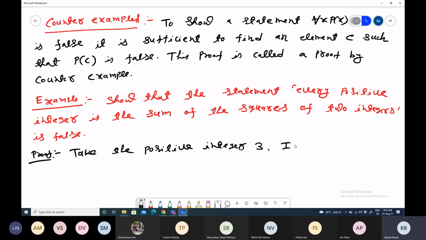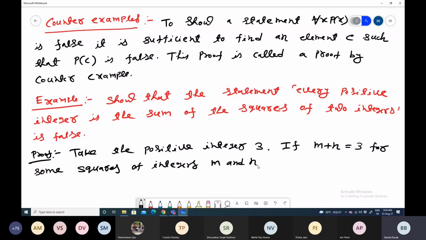Now note that if m plus n equals 3 for some squares of integers, say m and n, then m and n must belong to 0 or 1.